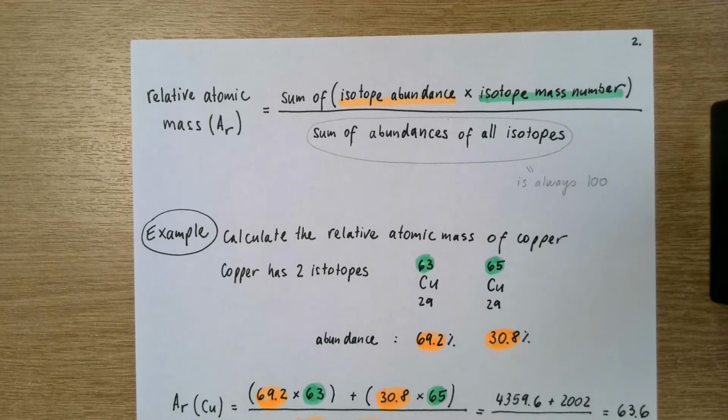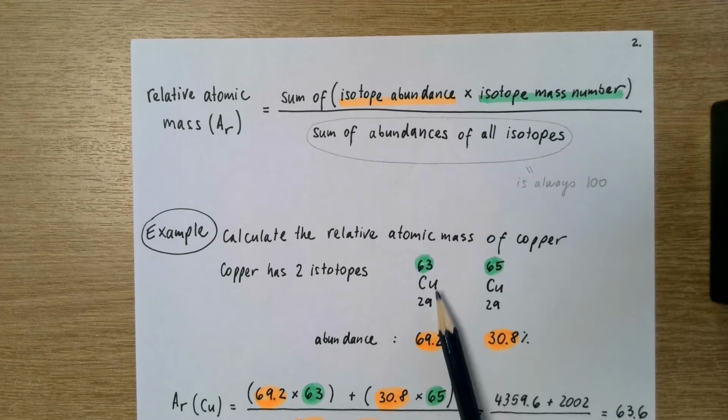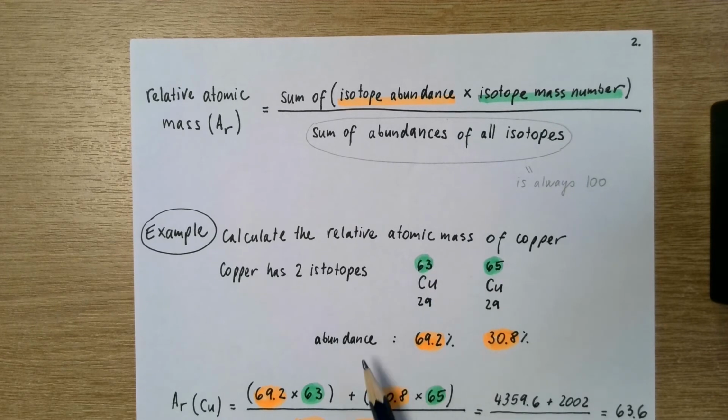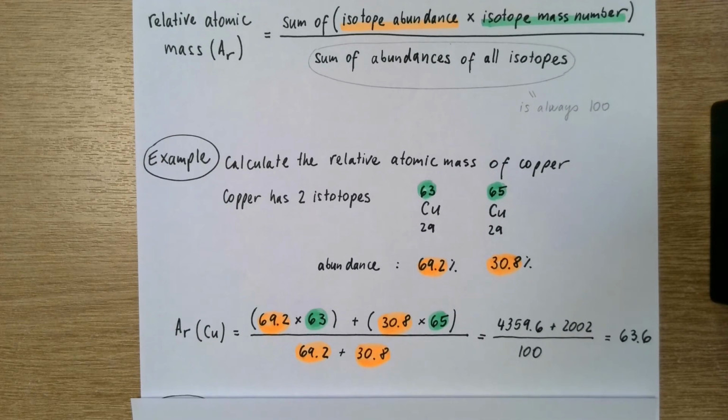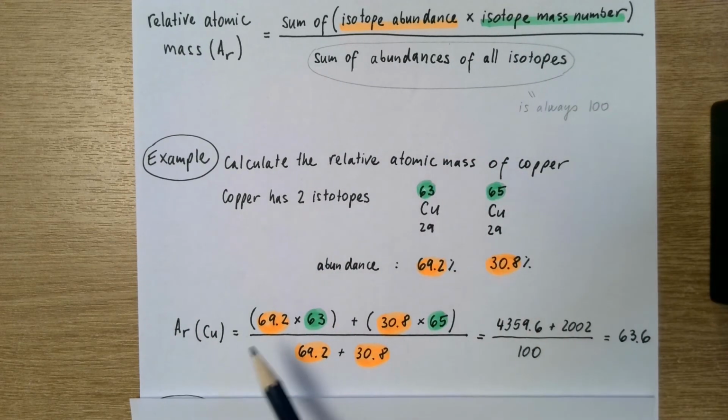Copper has 2 isotopes: copper 63 and copper 65. The abundance of the first one is 69.2 and the abundance of the second one is 30.8.